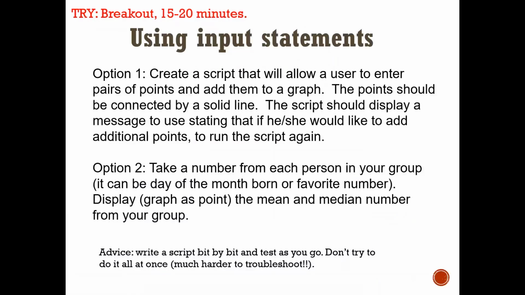So you're going to create a script, but you can choose either one of these that you'd like to do. Just choose the one you think is going to be more fun. The first one, you're going to be entering in points and then plotting those points. Or the second one, you could take a number from each person and then find the mean and median number and plot that or display it, one or the other. You don't have to graph it. You can just print it if you want to.